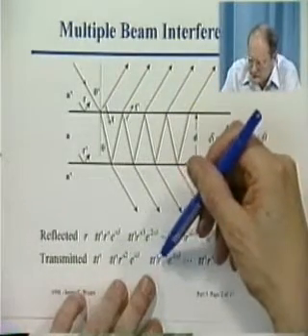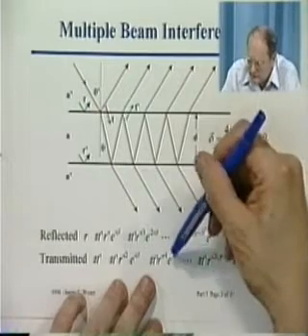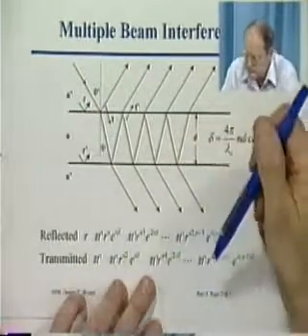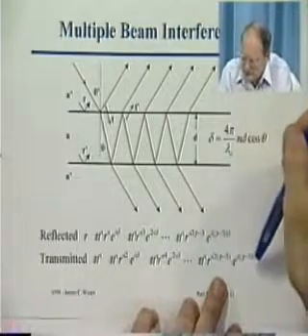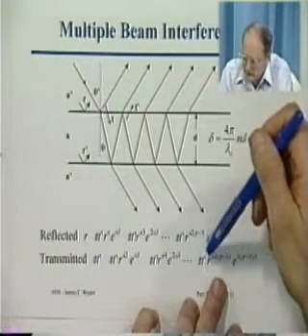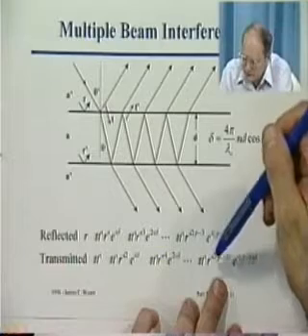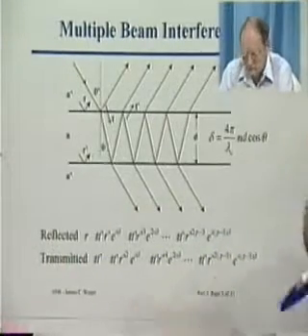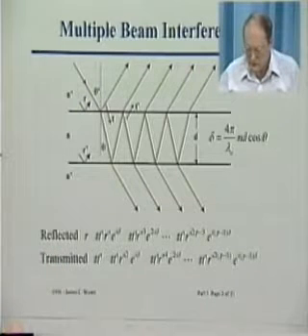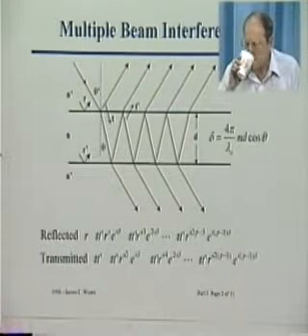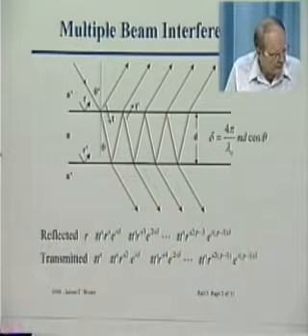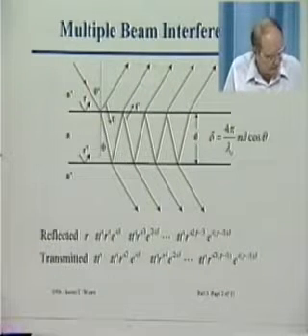So t prime, r prime to the 4th, e to the 2i delta, and so on, till we get the beam number p. That would be t prime, r prime to the 2p minus 1, e to the i, p minus 1 delta. Okay? So we will add all these up in a minute or two.